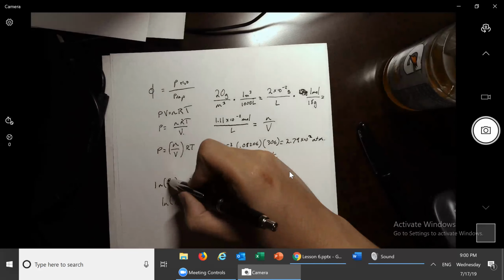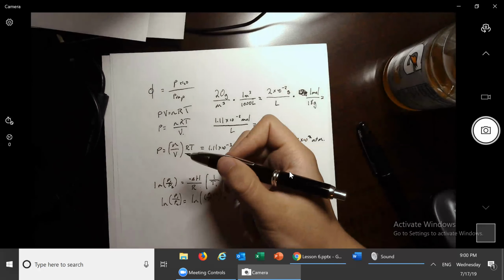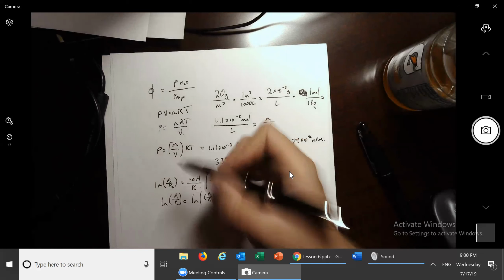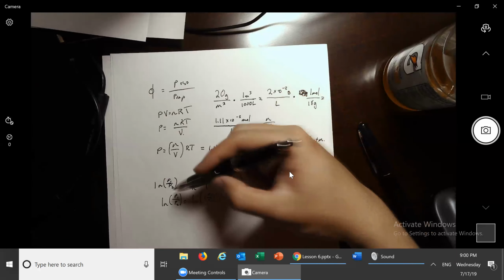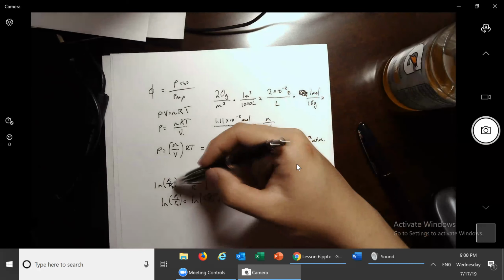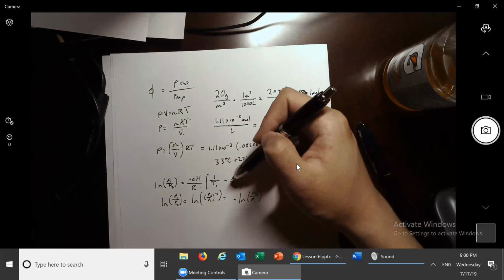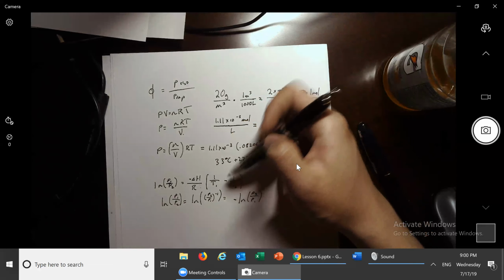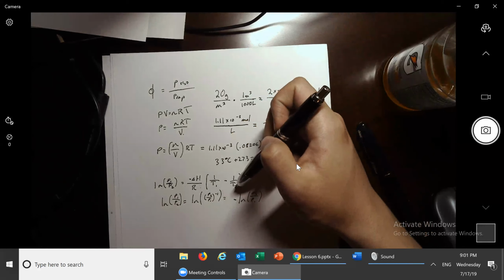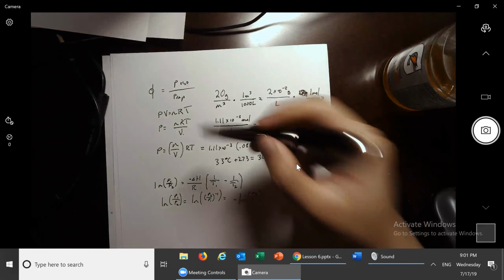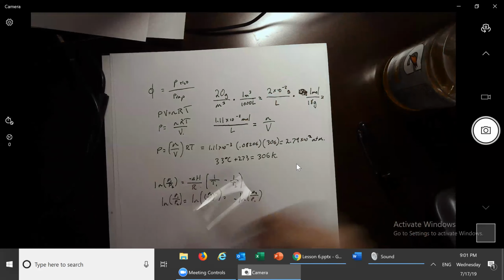So we want to find P1. So we need to figure out what P1 is. And we are already given a pair of pressure and temperature. We know what P2 and T2 is. So we're given a normal boiling point. So that means the vapor pressure is 1 atmosphere and temperature is 373 Kelvin. So we notice that if we plug in 1 atmosphere here, the 1 goes away.